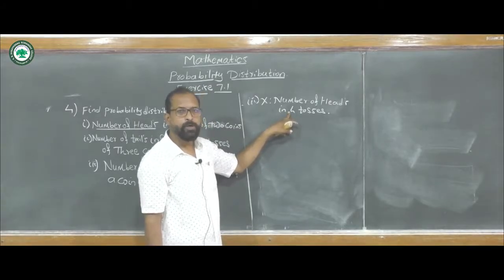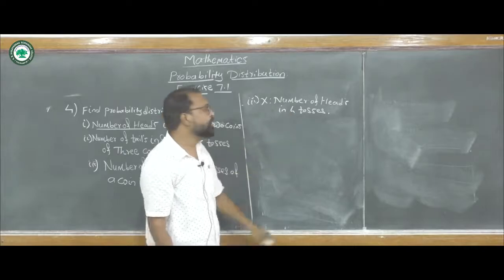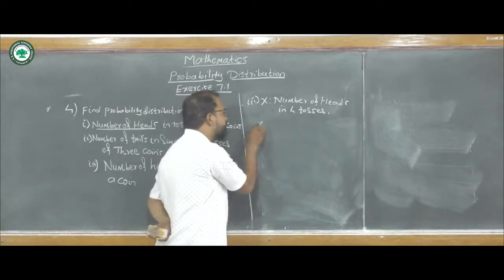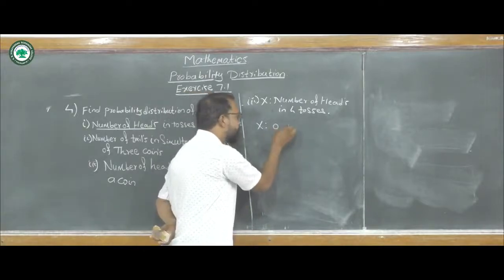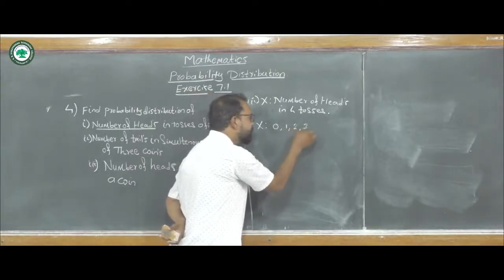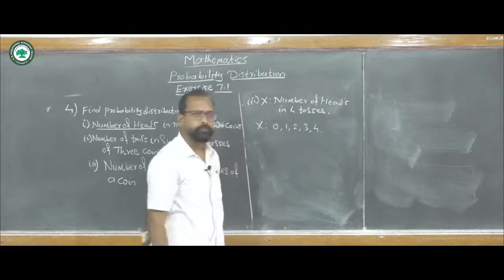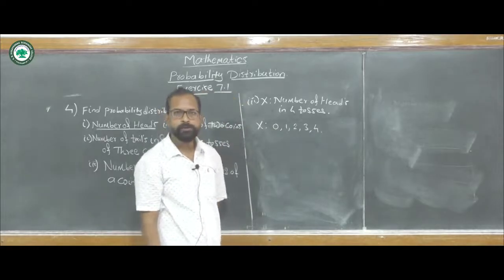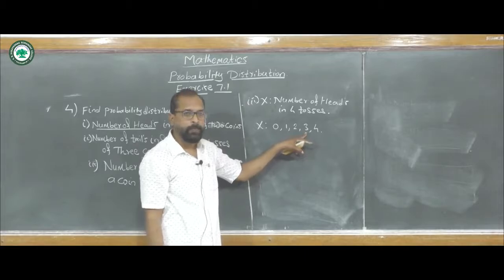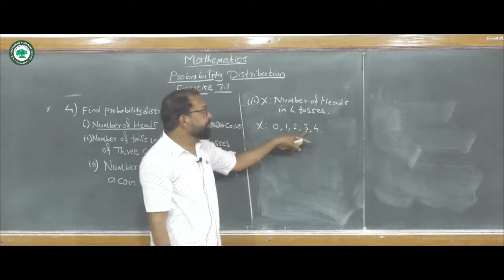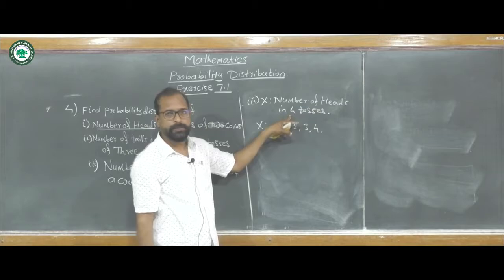So now the values of X here are 0, 1, 2, 3 and 4. These are the different values of X in getting the number of heads in 4 tosses.